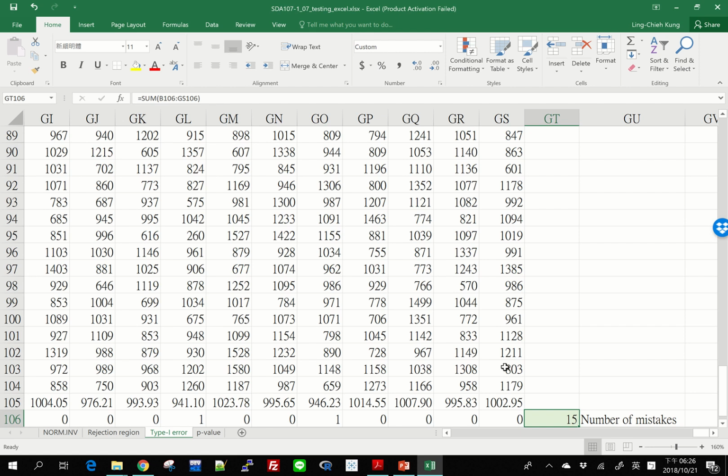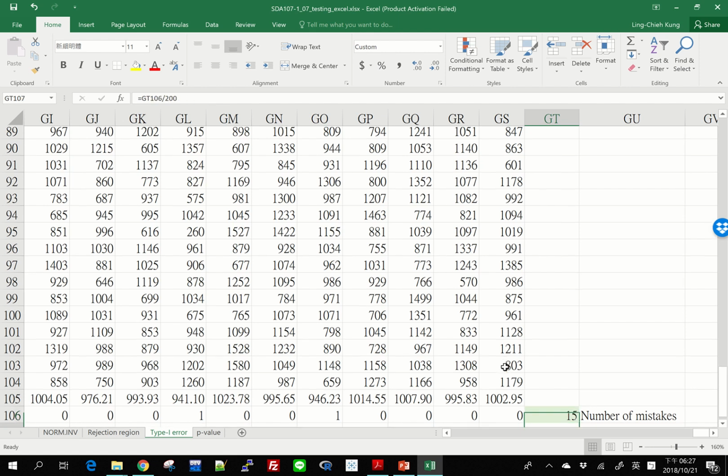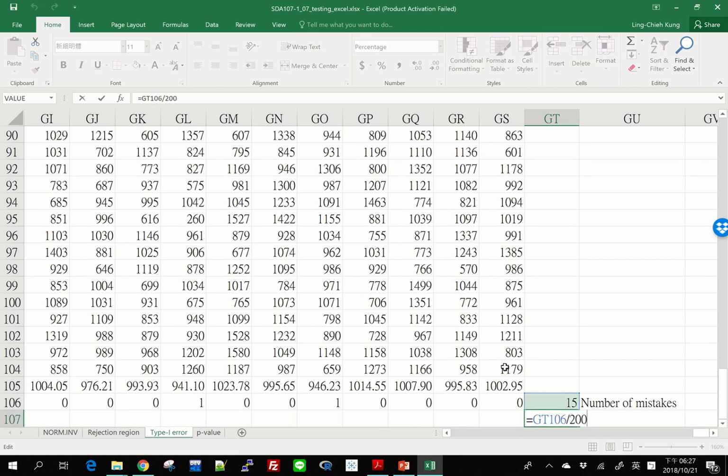Because we have a bunch of zeros and some ones. If we have the sum here, that is the number of type 1 errors we make during those 200 experiments. Or if we divide that number by 200, then that's exactly, for each random sample, the probability for me to make that mistake.